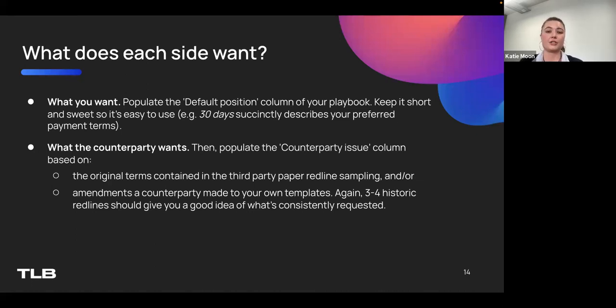So what they wanted to change from your default position. That sampling, the amendments on your own template, again, we recommend about 3 to 4 historic samples to give you a good idea of what's consistently requested.